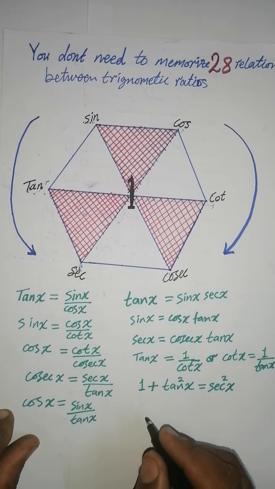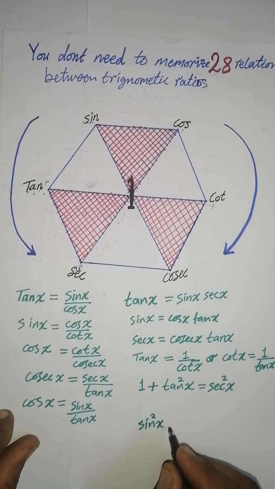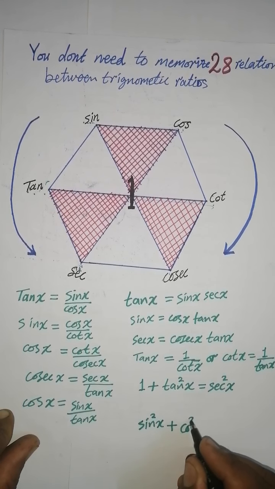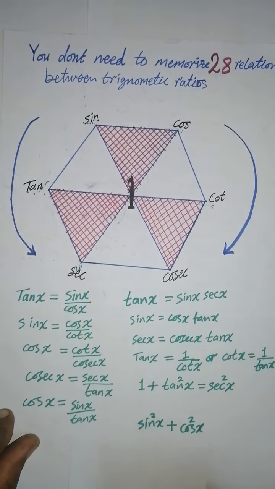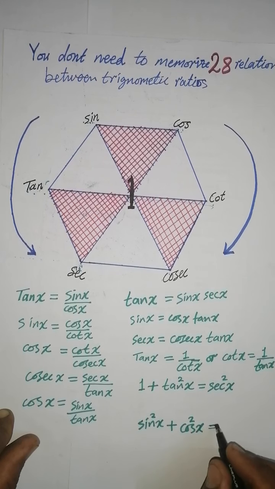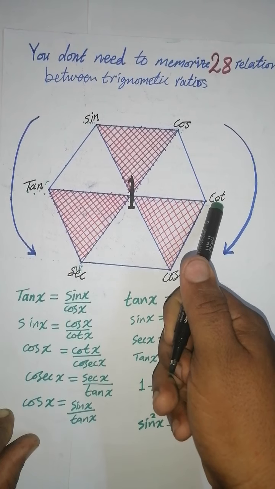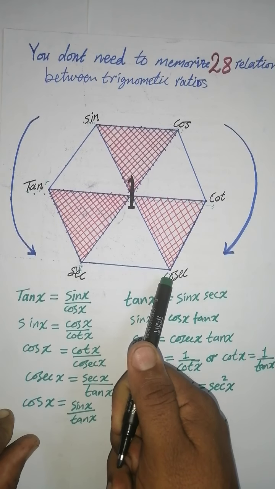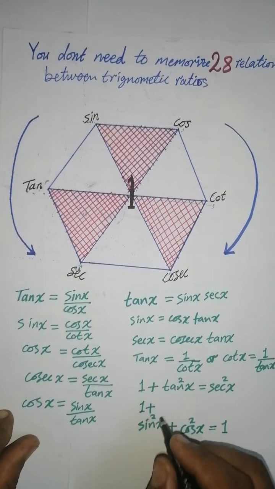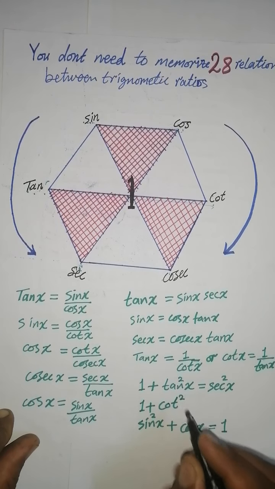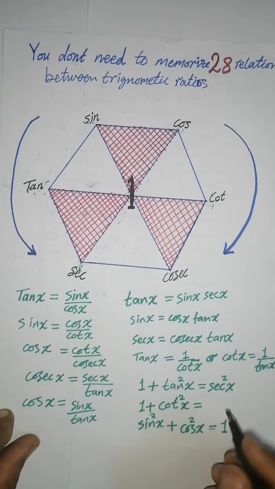So sine square plus cosine square, or cosine square plus sine square equals 1 square, which is 1. And number 3 is this one. 1 square plus cotan square equals cosec square. So 1 square, which is 1, plus cot square x equals cosec square x.